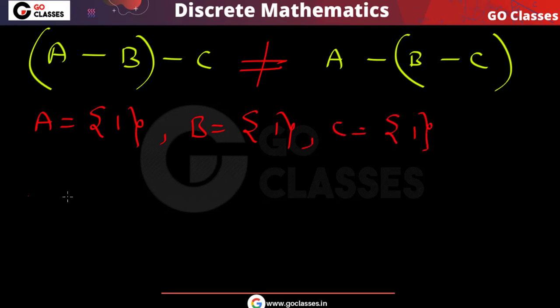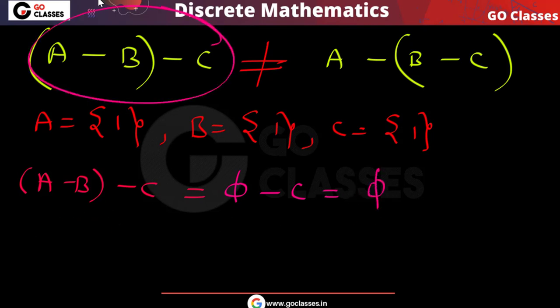In this situation, what will (A minus B) minus C become? A minus B will be the empty set, so this will be empty minus C, because from A, if you remove B, that will be empty. Empty minus C is basically empty. So this LHS is basically empty.